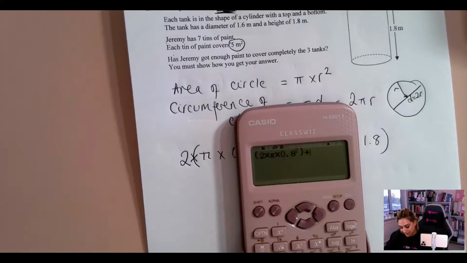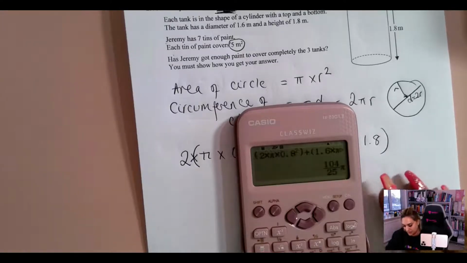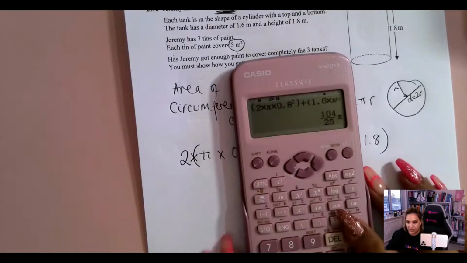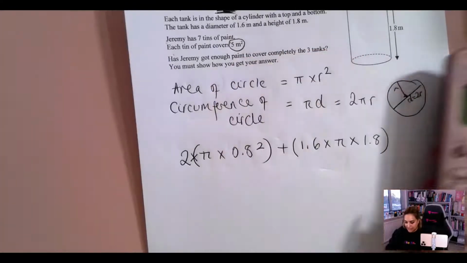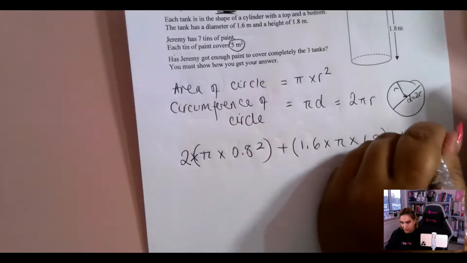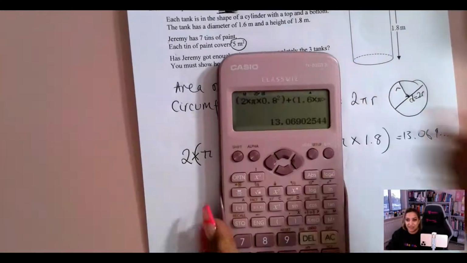I'm going to add to that my circumference, which was pi d, so 1.6 times shift pi, times the height, which is 1.8, and I'm going to hit equals, and I end up with 105 over 25. So you can press this SD button if you want, and you've got 13.069 dot dot dot, but I'm leaving it in my calculator.